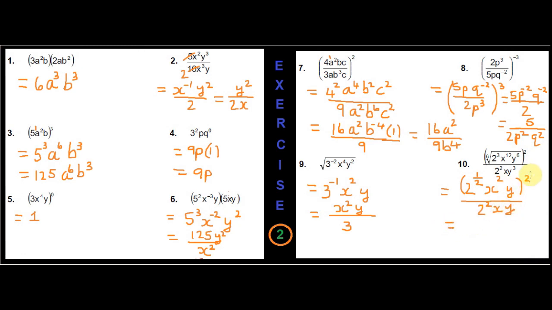Now we can apply the power here and multiply it by each power inside the bracket. So a half times 2 is 1, so it's just 2. Then we have 2 times 2 is 4, so it's x to the 4, y squared.